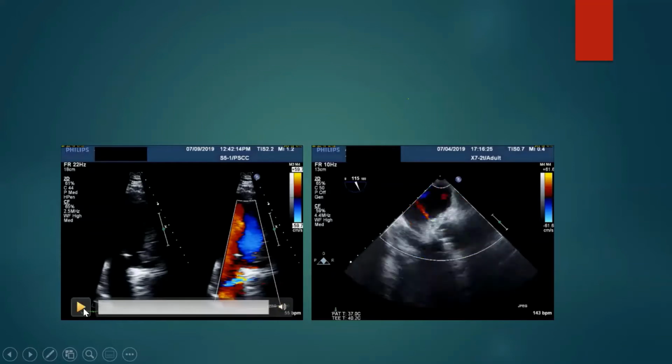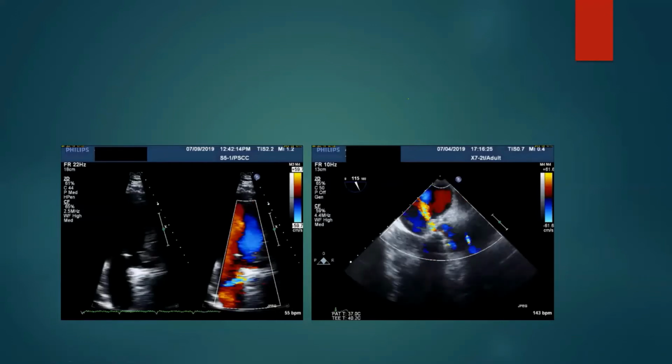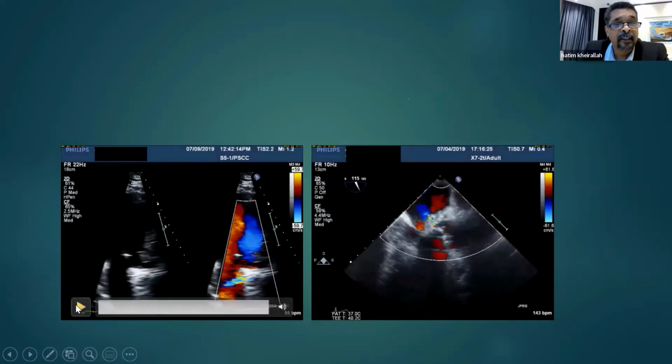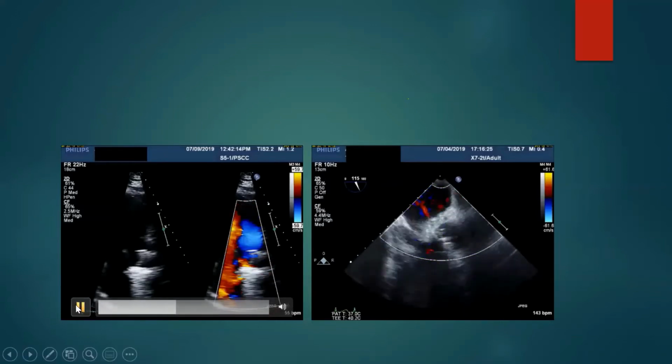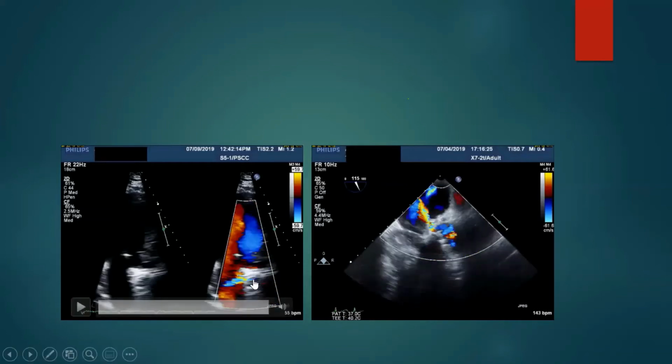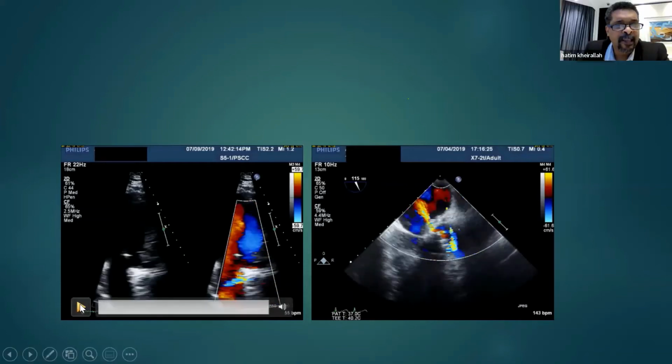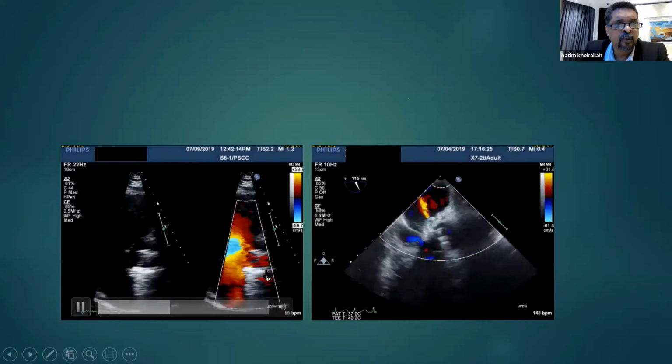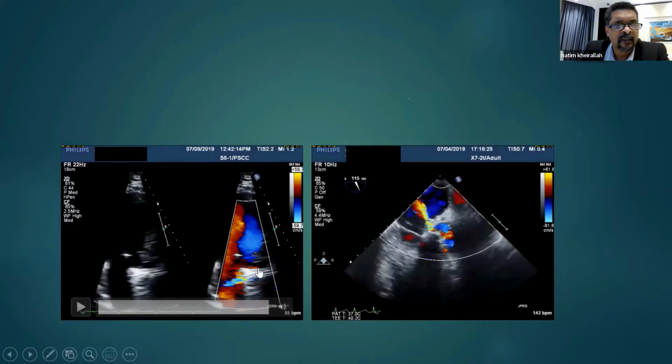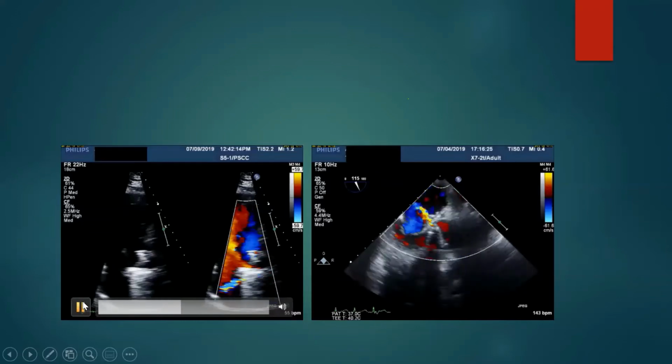Two direction jet. Huh? There is a jet. Yes, you're right. Two direction bilateral jet. Okay. Yani it's a continuous jet, right? It's systolic and diastolic, yes. Yeah. So what could that be?